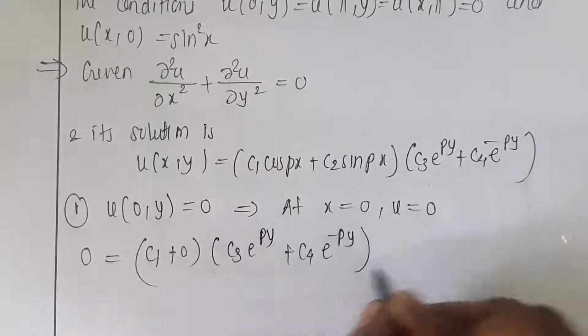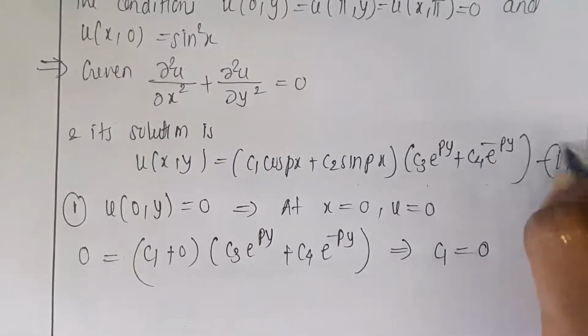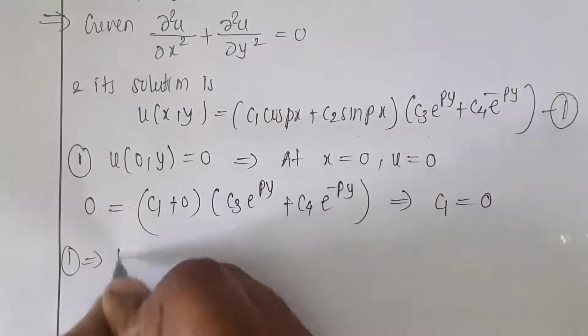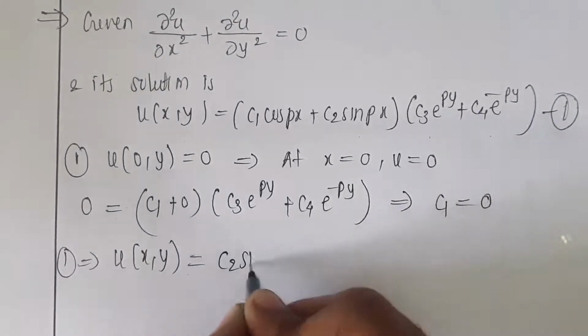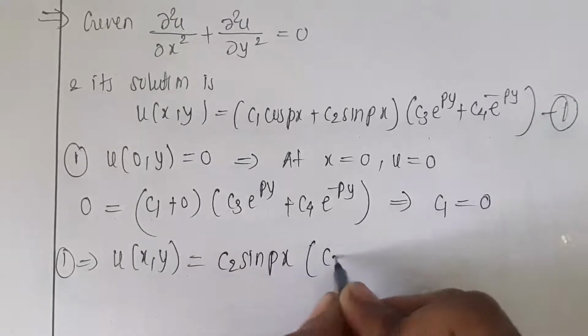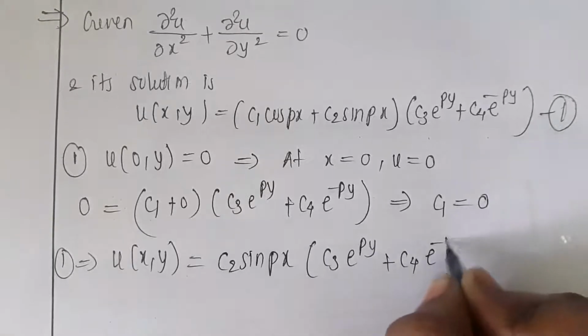So which term will be 0? c1 becomes 0. Putting the c1 value in equation number 1, u(x,y) = c2 sin px (c3 e^(py) + c4 e^(-py)).